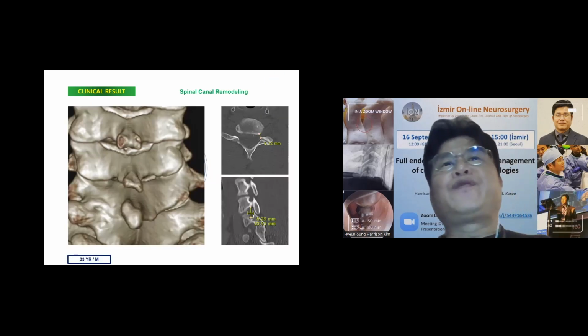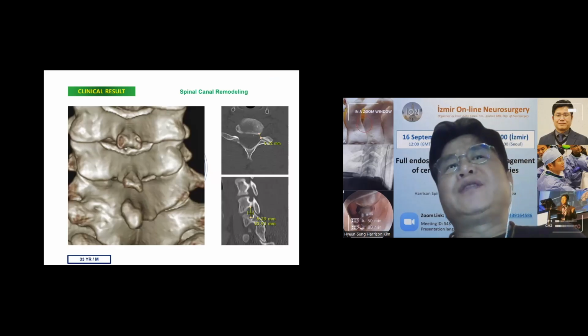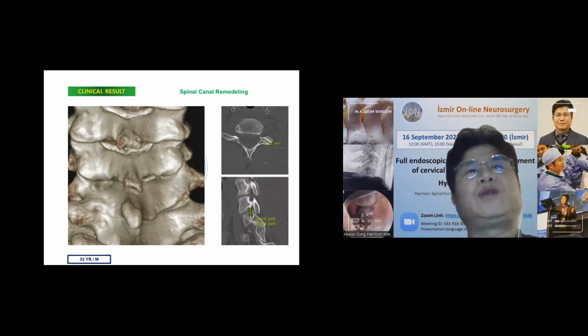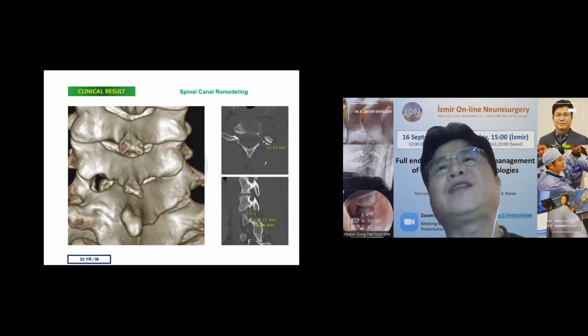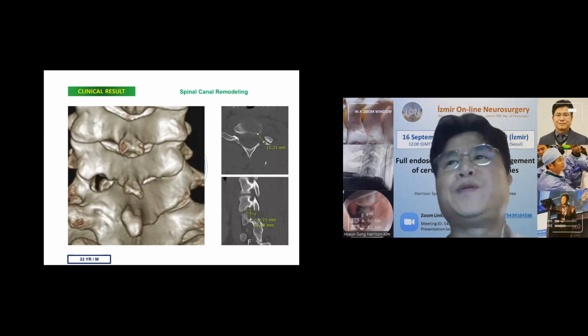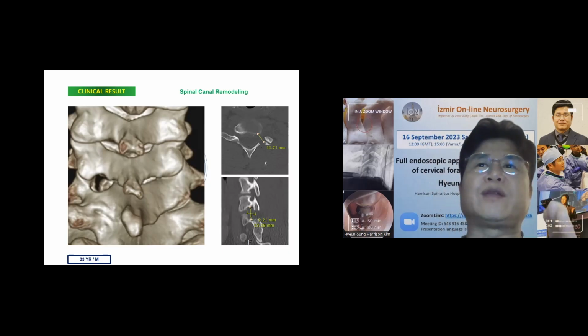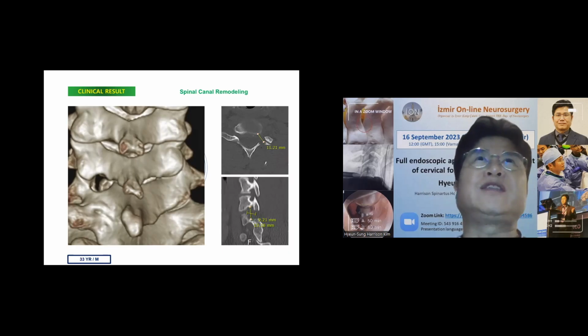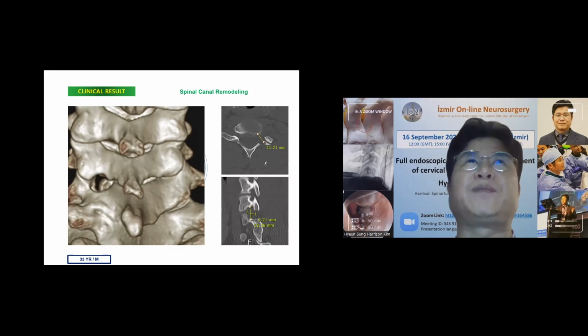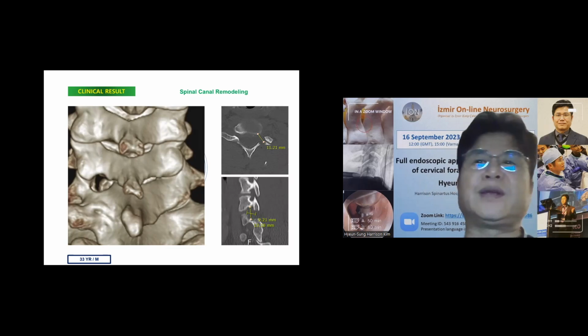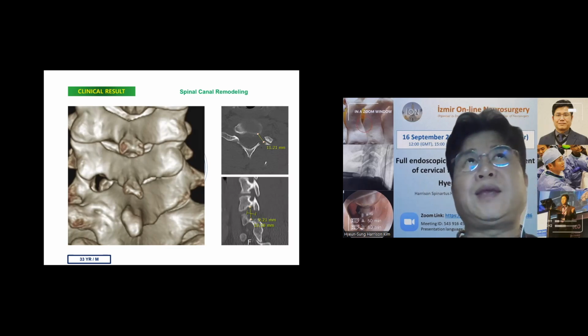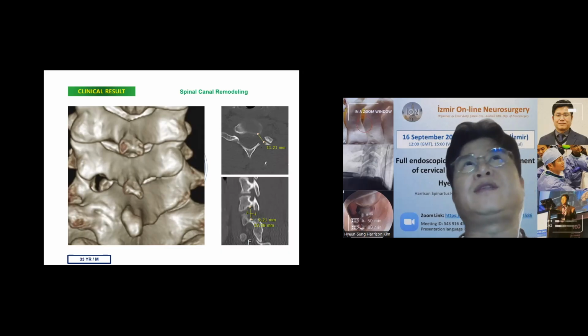And also, I already mentioned that the cervical facet is very important in open surgery, because we know that in the cervical area, more than 40% facet damage may give a higher chance of instability in the previous paper. But endoscopically, in my study, more than 60 or 70% have no problem of instability.